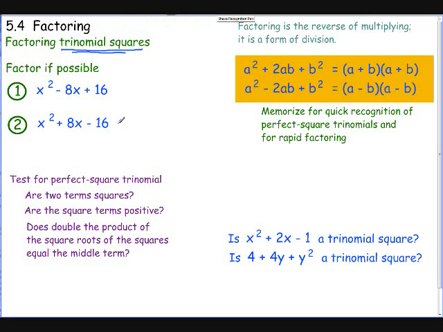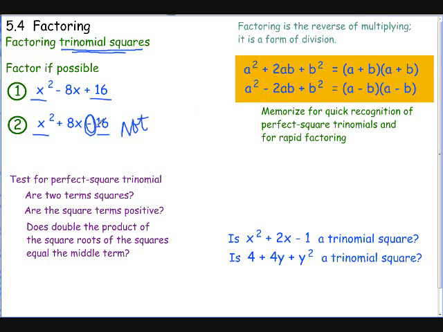So we have this one now. What can we do with this? Now because we've got a negative here, it doesn't fit this pattern. It is not a perfect square trinomial. Here's how you can test to see if you've got a perfect square trinomial. First of all, do you have two terms which are squares? Well, you don't.